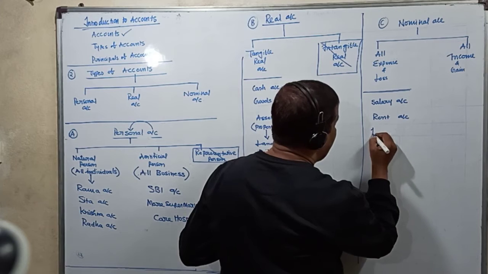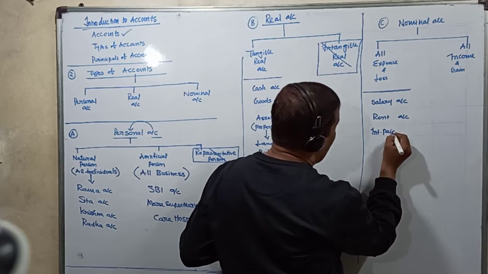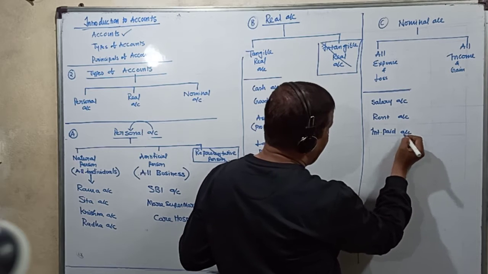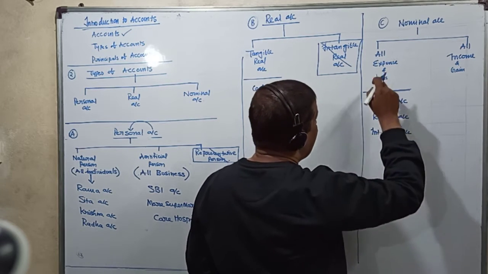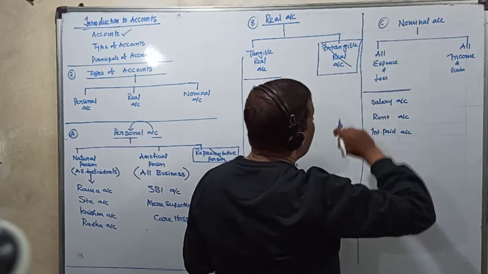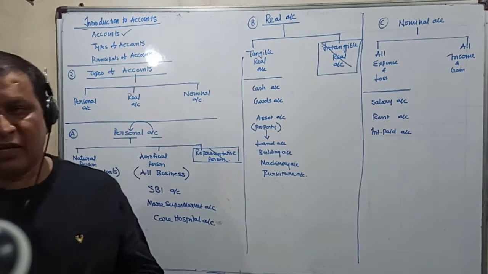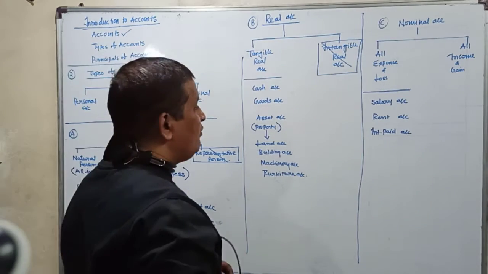So we have interest paid on loans. So interest paid account. This account is representing interest paid. So it is an expense. Therefore, interest paid account is a nominal account. So these are the examples of expenses.